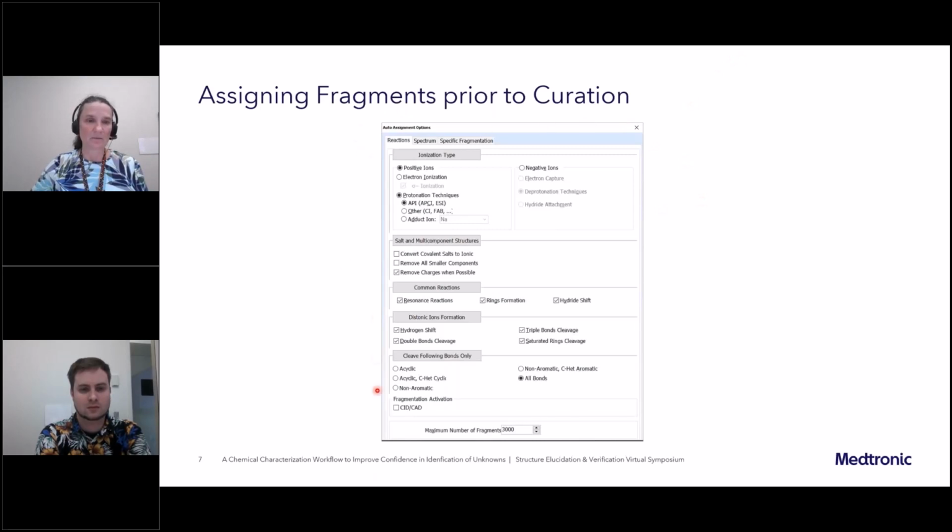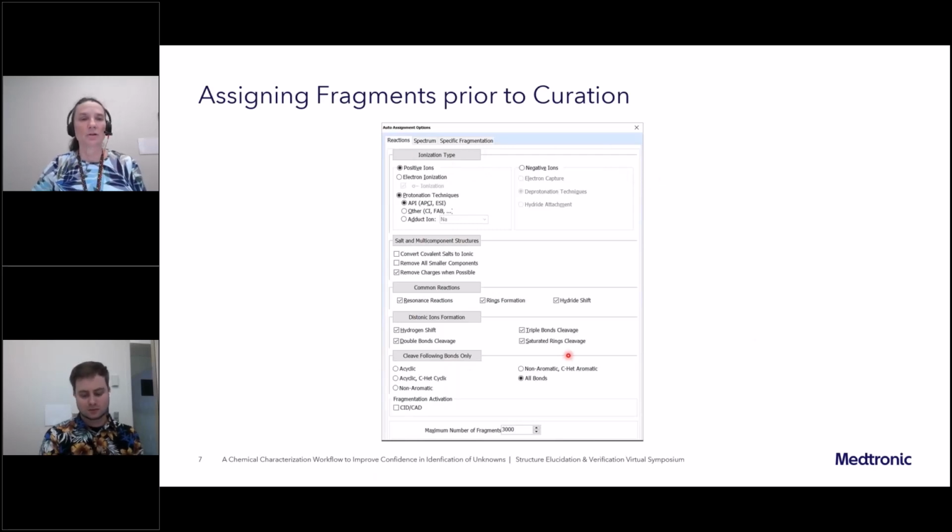And I am showing these slides to show how really well thought out this software is, where it allows for EI, it allows for the soft ionization techniques that we use for LCMS, but this up here is really important if you're going to be using EI on your GCMS.